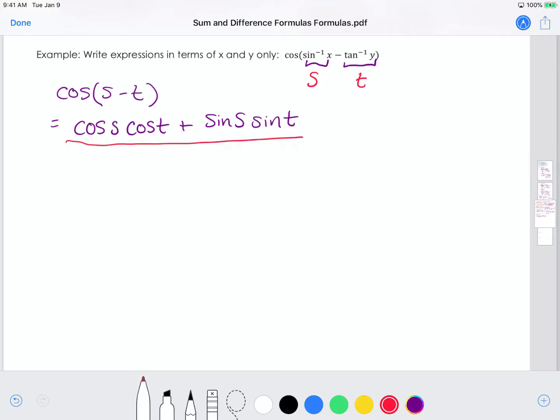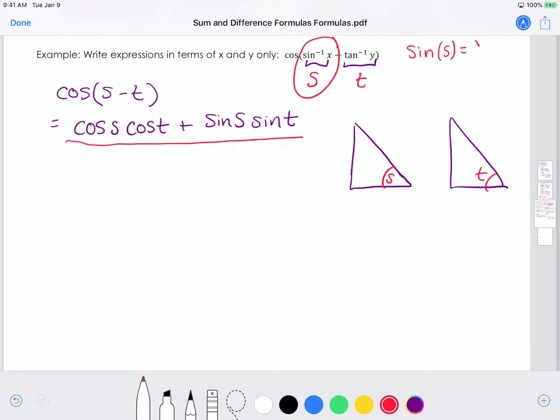So our first triangle, I'll label that as angle S. And we have our second triangle, and I'll label this angle T. So if I look up here at angle S, this is telling me that the sine of S is x. And I can write that as over 1.